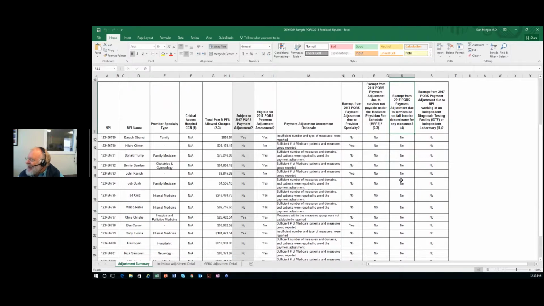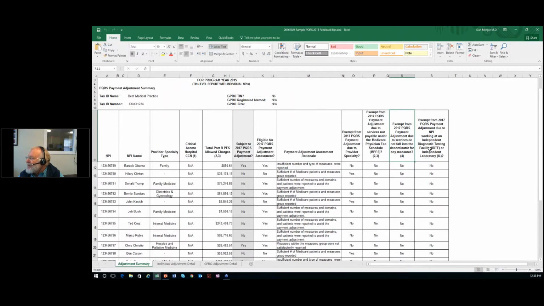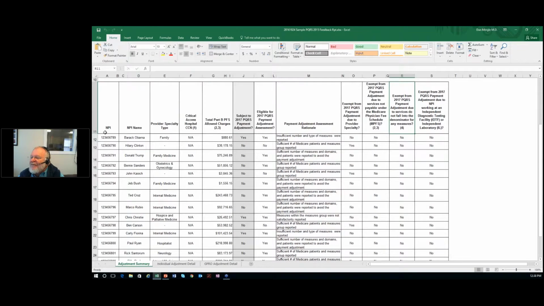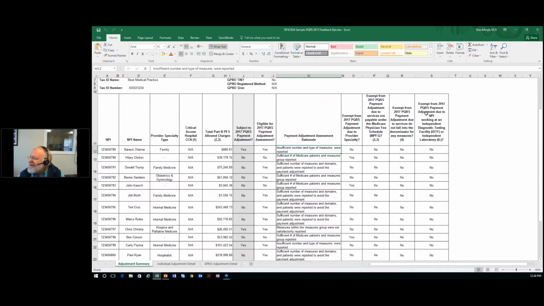There's just no one exempt for that reason. Exempt because they're working in an independent testing facility or lab, and there's no one in this group exempt for those reasons. So again, it outlines for each individual whether or not they're subject to the payment adjustment, whether or not they're eligible for it, and the specific reasons based on the measure submission, and then these specific reasons that might exclude the provider from reporting.